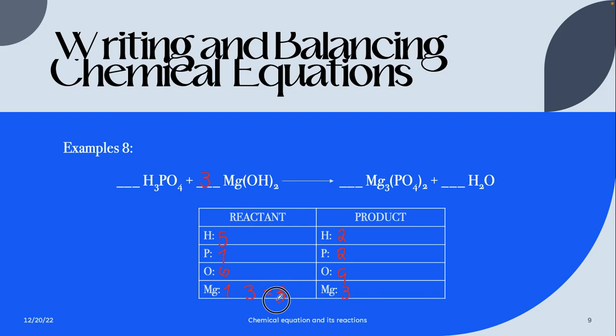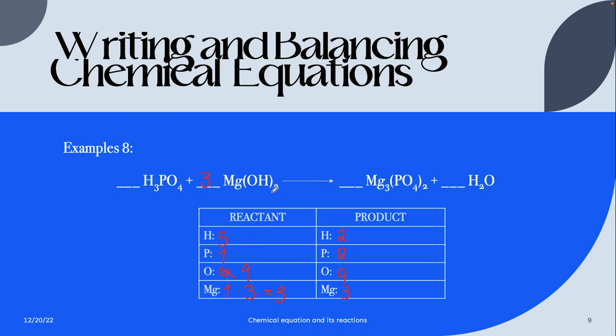Okay? And of course, the others change as well. So now we have 3 magnesiums, 3 oxygens. So 6, 7, 8, 9 oxygens. Now we have 9 oxygens. And we have 3 and 2 would be 6.